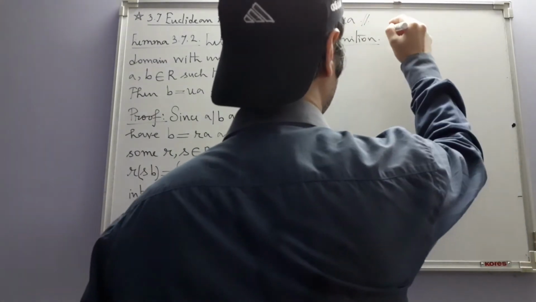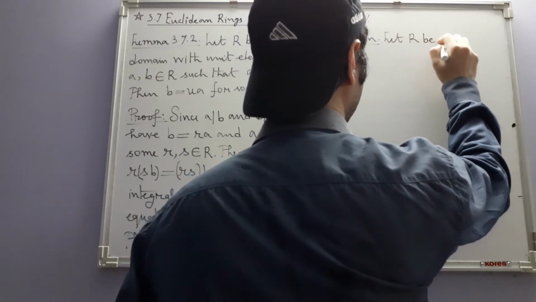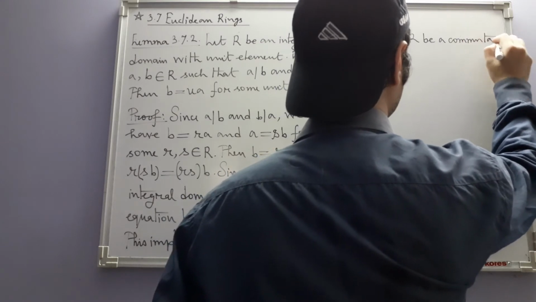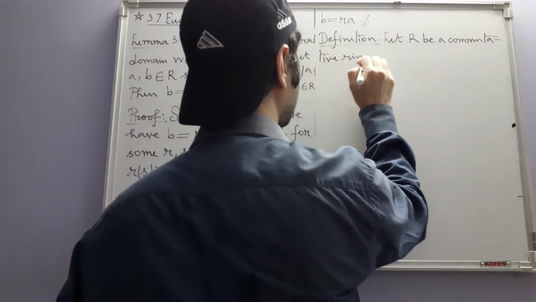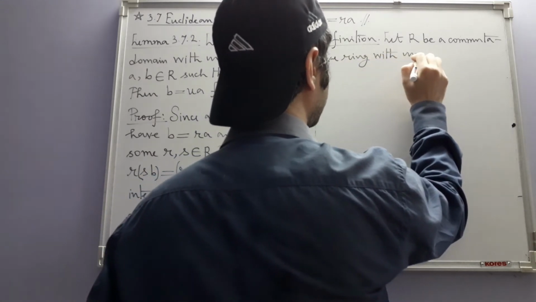So let R be a commutative ring with unit element.